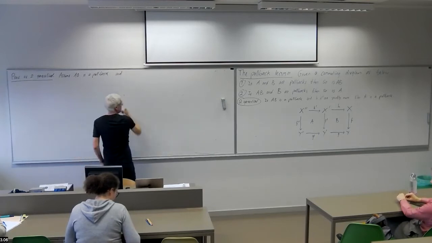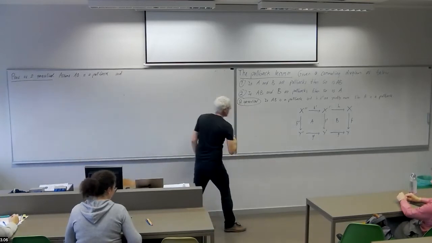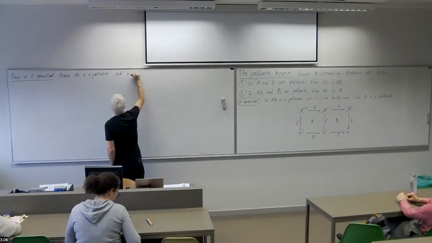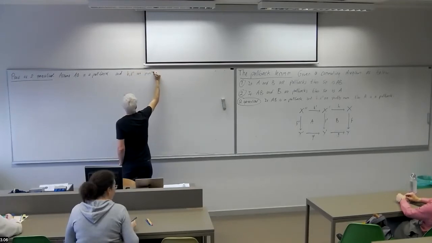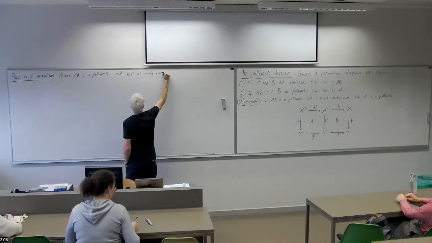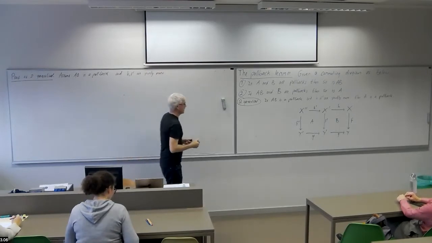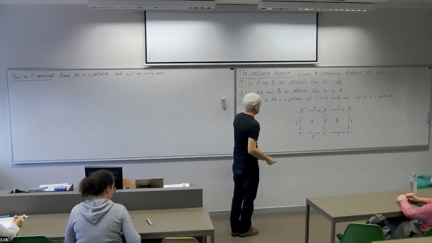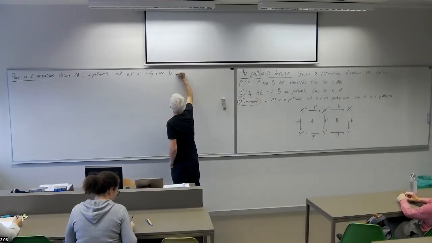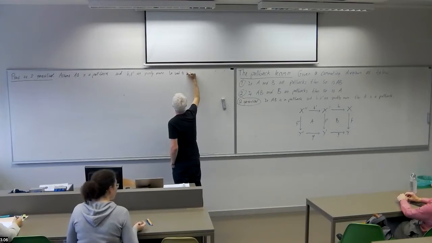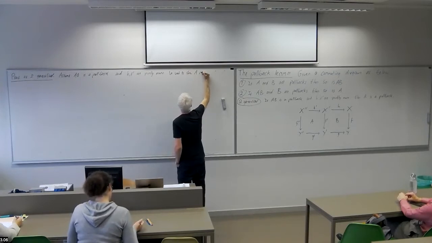And let's get it right. H and F prime together are jointly monomorphic. And we want to show that A is a pullback, the square on the left. Want to show A is a pullback.